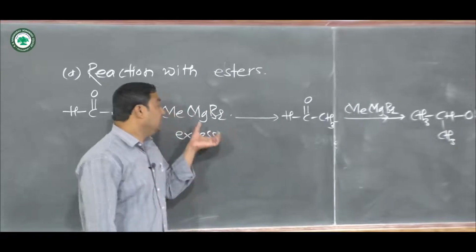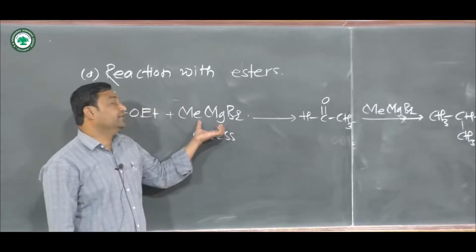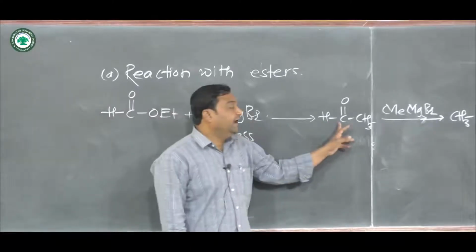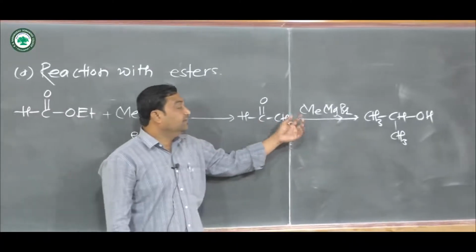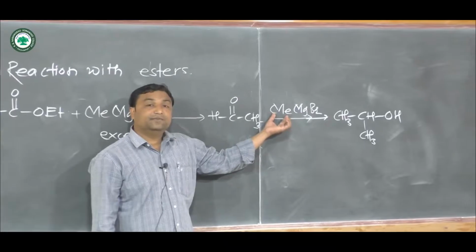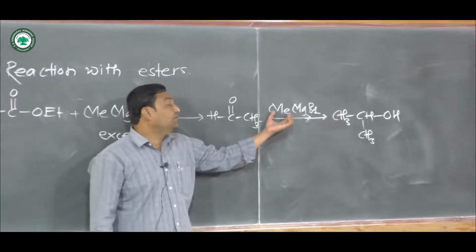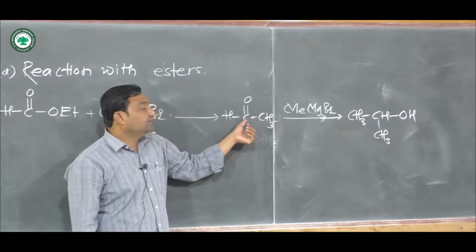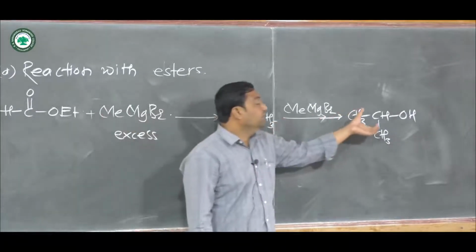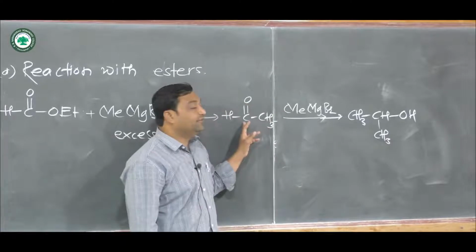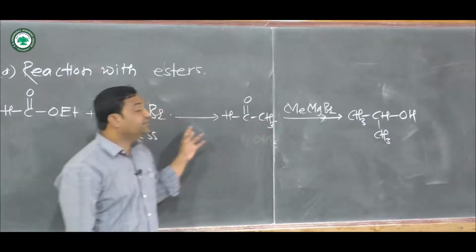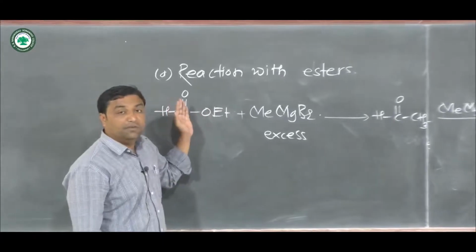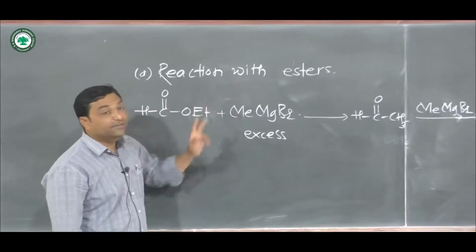When we use excess amount of methyl magnesium bromide, in the first step ester gives aldehyde, and in the second step the remaining molecules of methyl magnesium bromide attack this aldehyde to give secondary alcohol as a product. This is the second reaction, that is reaction of Grignard reagent with esters.